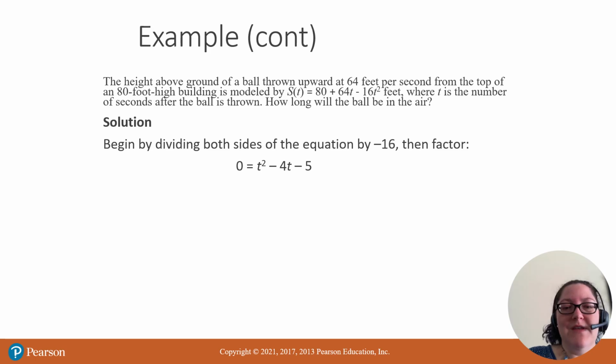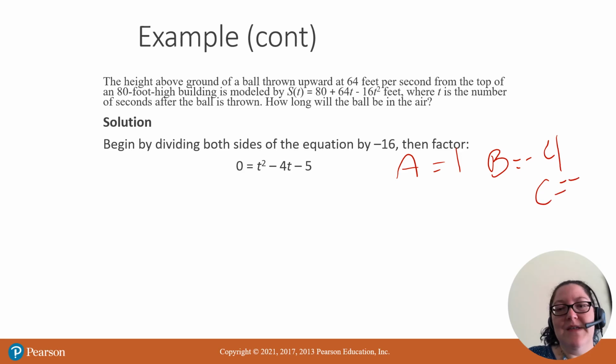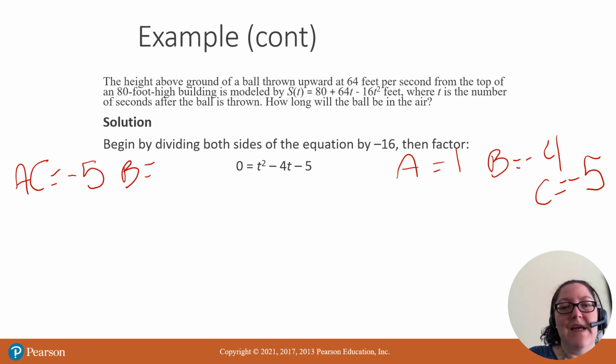So for me, I'm noticing straight away that my A term here is 1, my B term is negative 4, and my C term is negative 5. So my AC number is negative 5, and my B number is negative 4. So what two numbers multiply to be negative 5 but add to be negative 4?